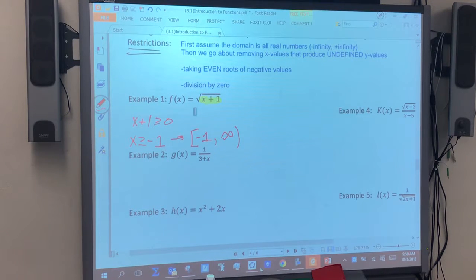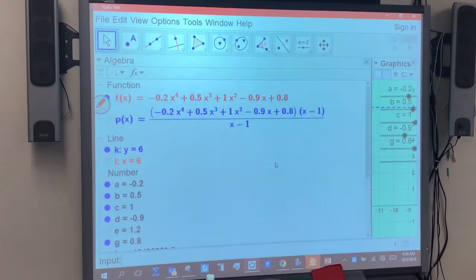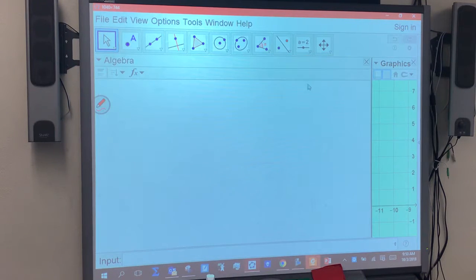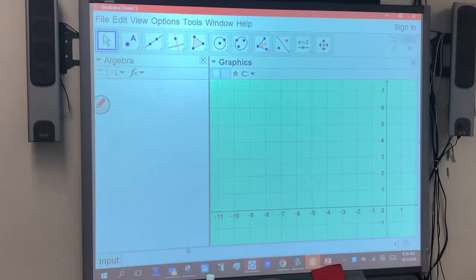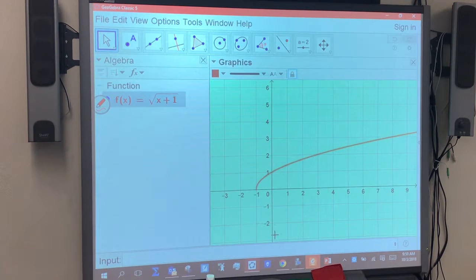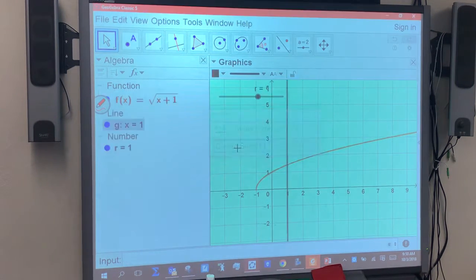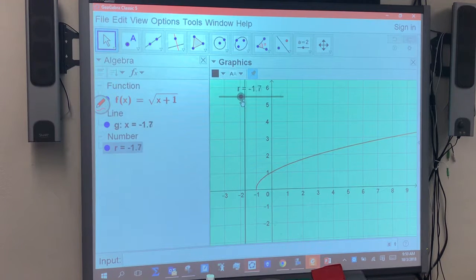Hopefully you guys, from Algebra 2, have a little bit of an understanding of what that graph looks like. Okay, if I look at the square root of x plus 1, it's that curve right there, right? Do you see how the x values, if I go x equals r, create my slider here, do you see the first domain value that you intersect is negative 1? First x value you come across? And then do we have any x values this way that need to be kicked out?